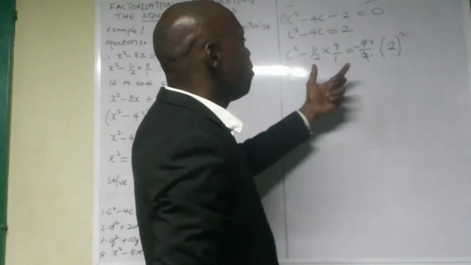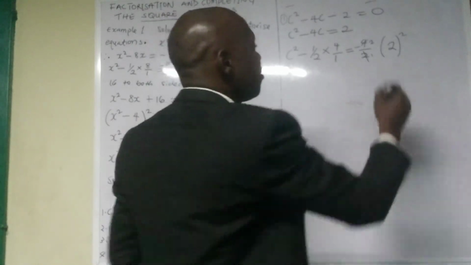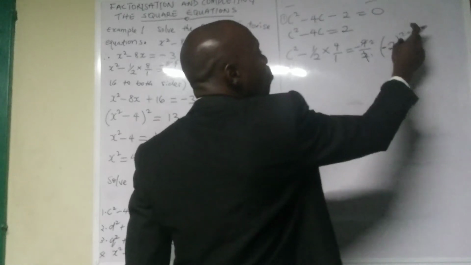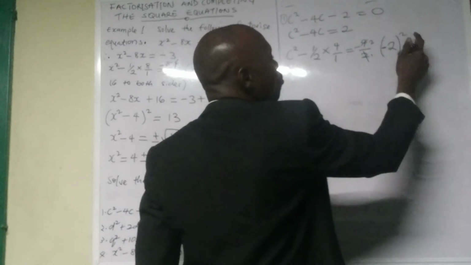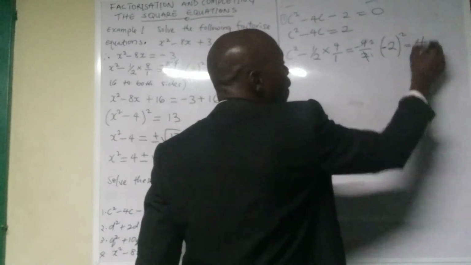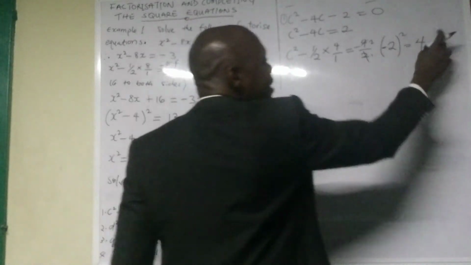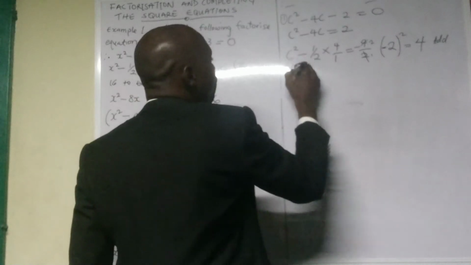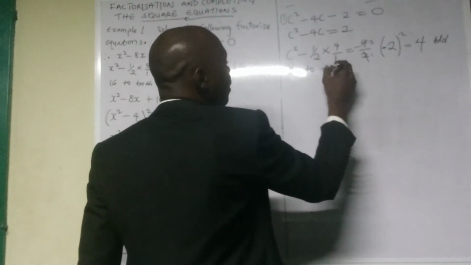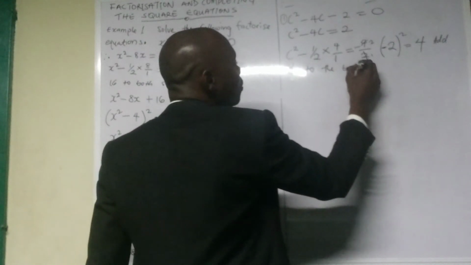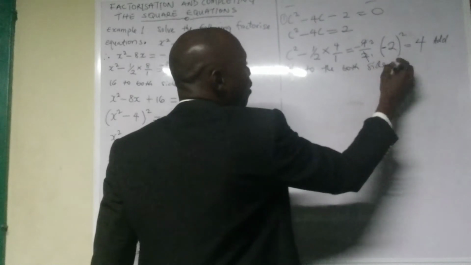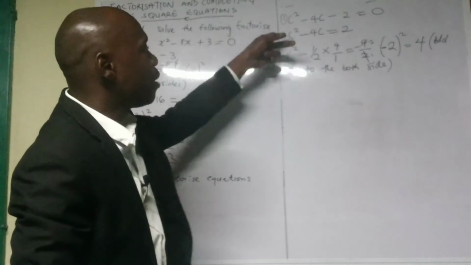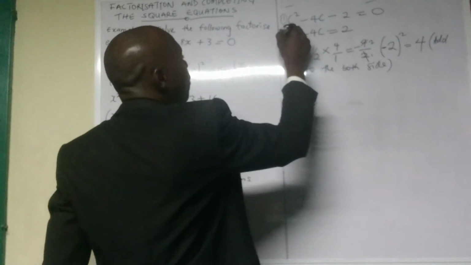Moreover, if you say this is now minus 2, when you multiply minus 2 times minus 2, it will give you 4. Then we say we will add 4 to both sides. So we go back to our equation, this particular one.